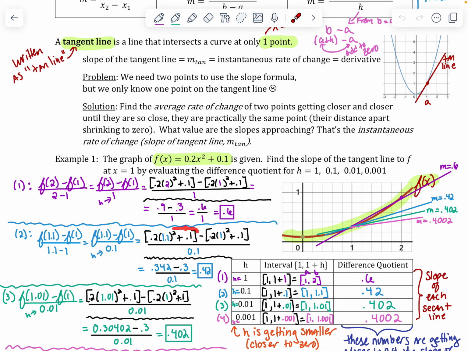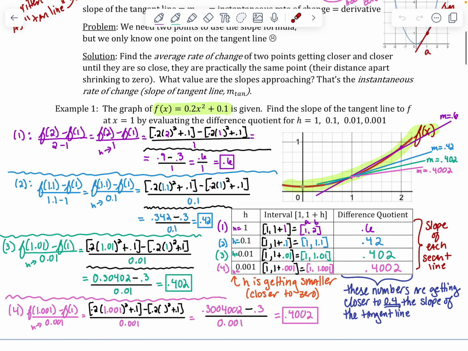And I'm going to plug that 1.1 into my function to get a value. And then I'm going to go back to plugging the 1 into my function, which we'd actually already done. So we already knew it was 3. Don't forget we're dividing by a new denominator. And this slope right here, going from 1 to something I can barely see, is a little bit flatter than the previous one. And so we continue this process.